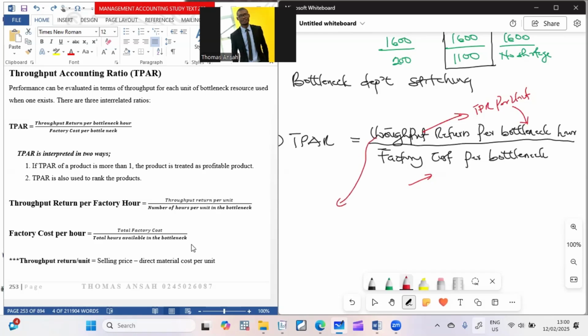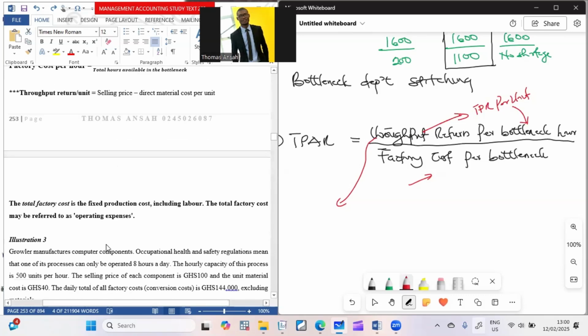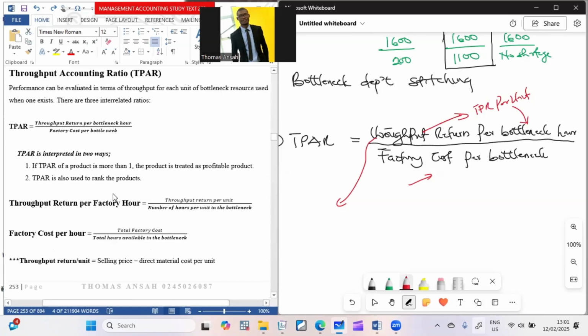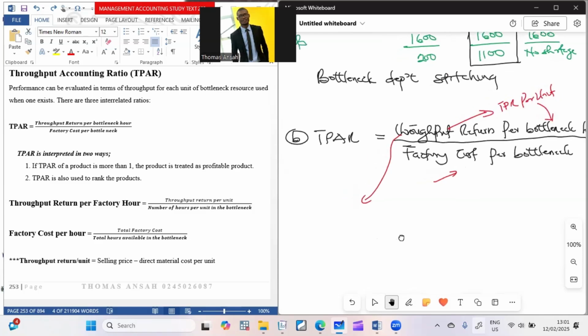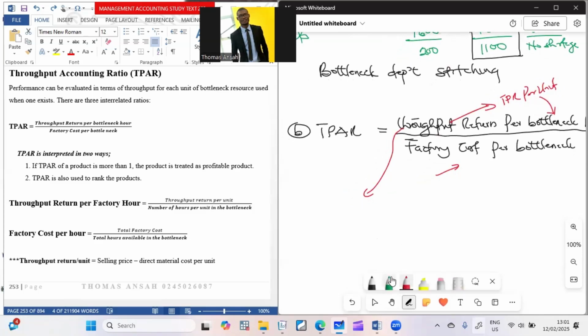So throughput return, this is the ratio. The throughput return, we will look at it from the perspective of doing your sales, and you take away your variable cost and everything, then you derive your throughput.